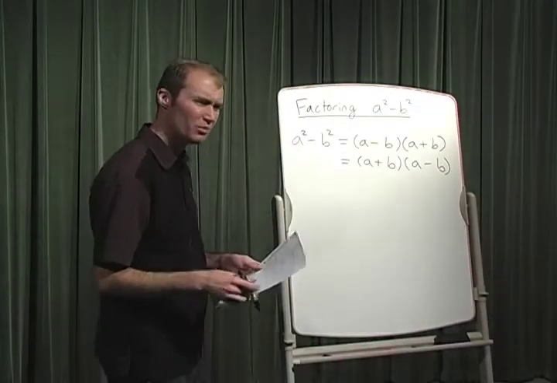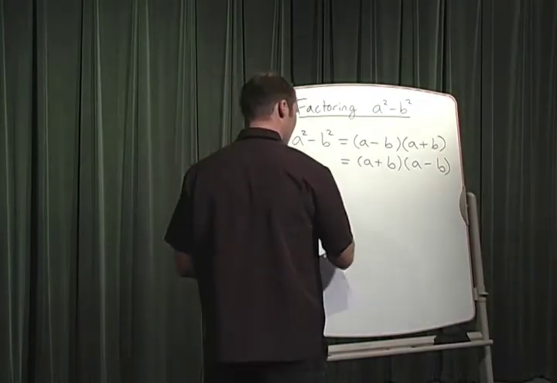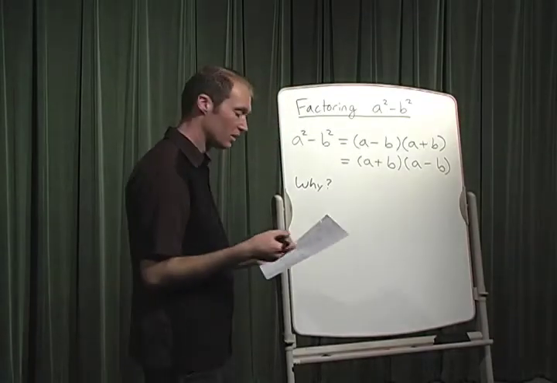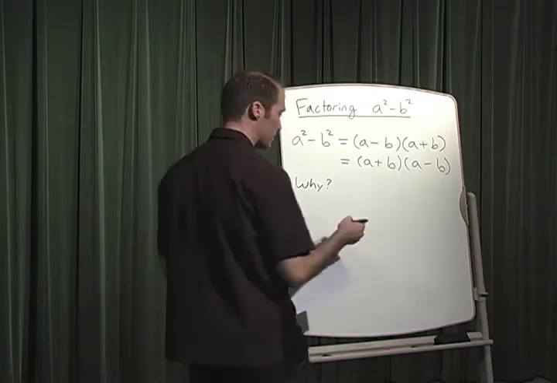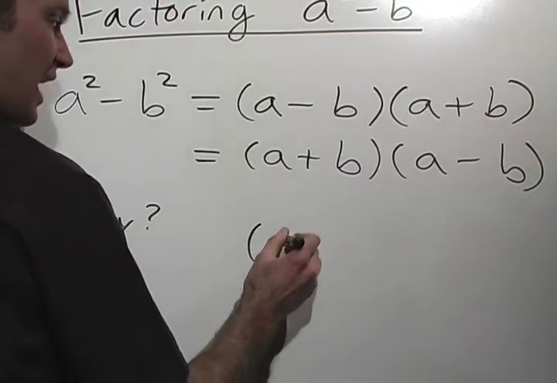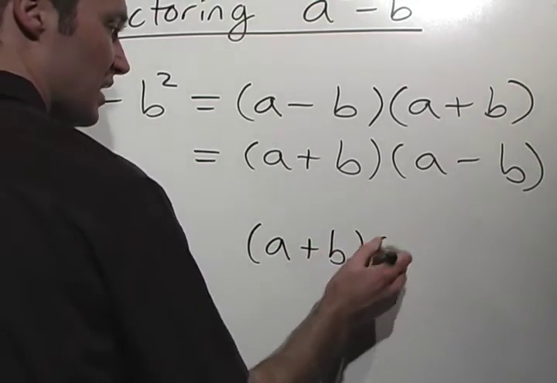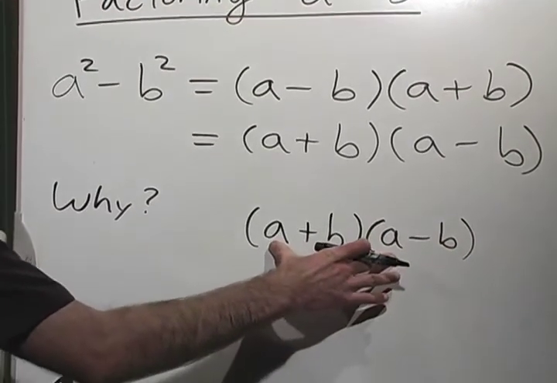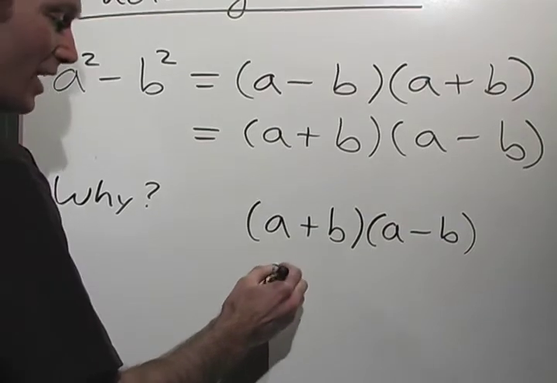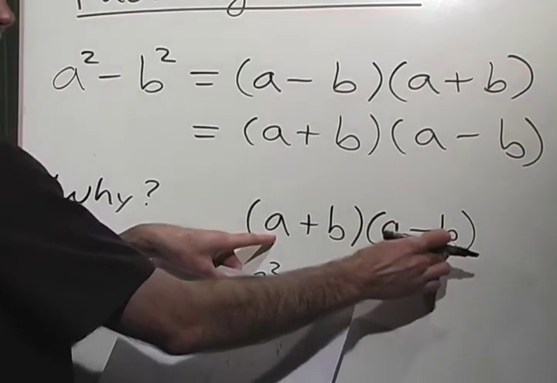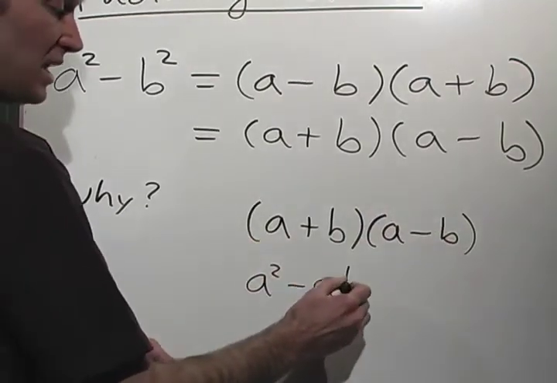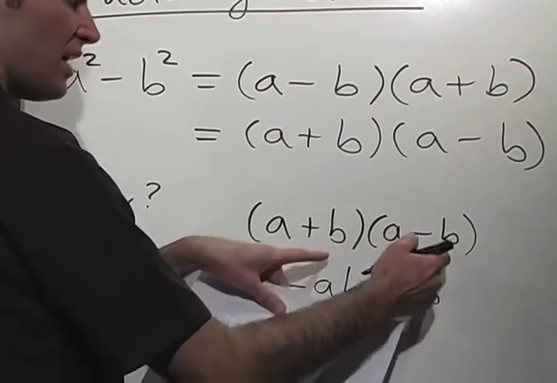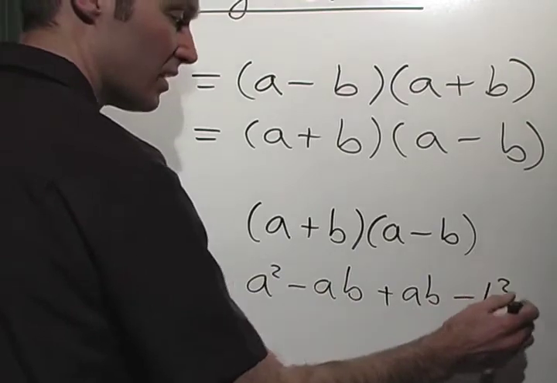Now, you might be wondering, why is that? I think it would be good for us to actually FOIL one of these expressions out just to see what happens. Here, if I FOIL out a plus b times a minus b, well, FOILing gives me a times a, a squared. Then I have negative ab, that is minus ab, and then plus ab, and then minus b squared.